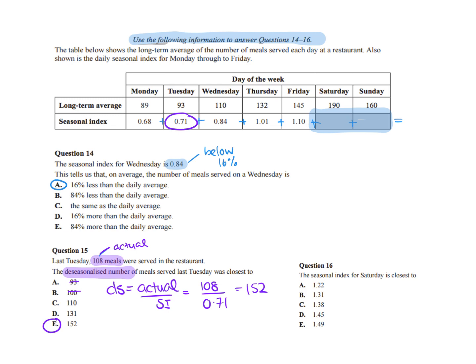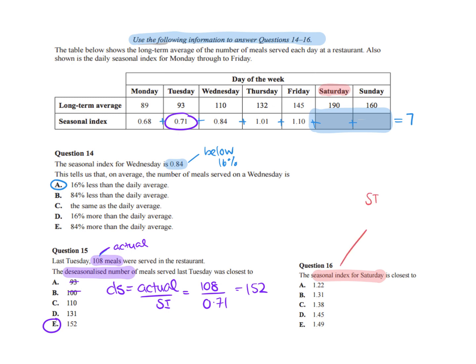Because this is days of the week, these would all add up to 7. So when there's only one missing, you can subtract all the rest and know what it should be. But this year, they started to push it a little bit more. They said no, there are 2 missing. So the only way for us to work out the seasonal index for Saturday is to do the whole process of it.